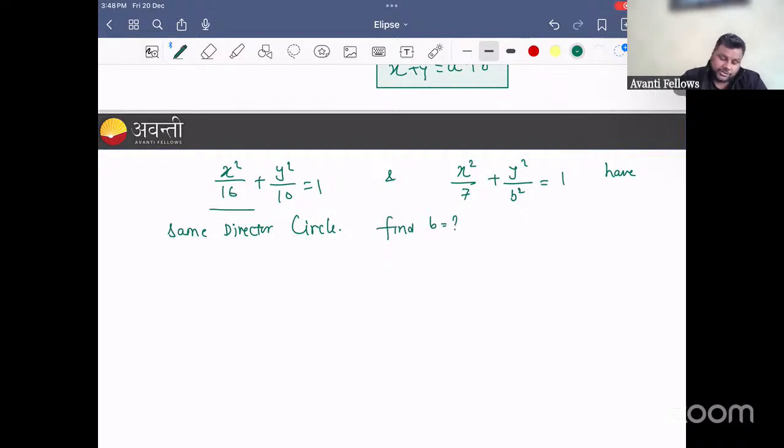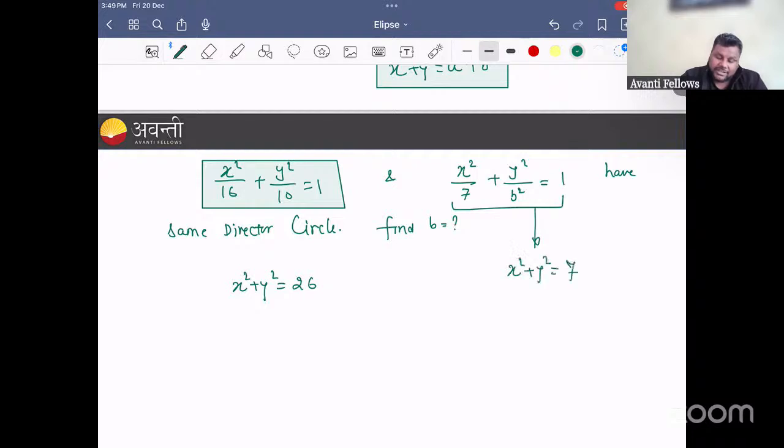Now, equation of director circle of this: x square plus y square is 26. Equation of director circle for this: x square plus y square is 7 plus b square. Yes or no? Now, if these two circles are the same, center is already the same, 0, 0.